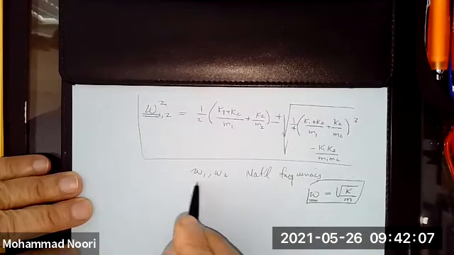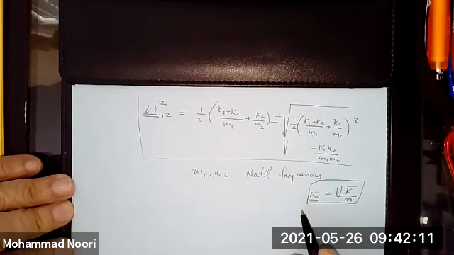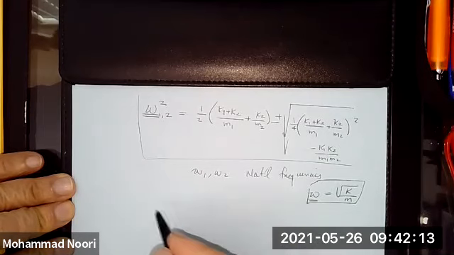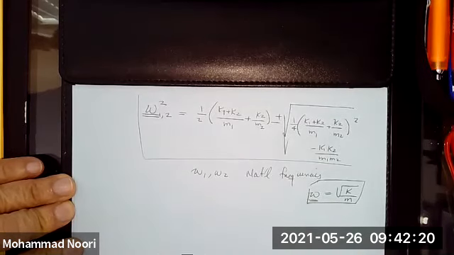In this case, you have two omega. As the system vibrates, for the first frequency the system would displace in a certain way, and for the second frequency in a different way. We'll get to that.